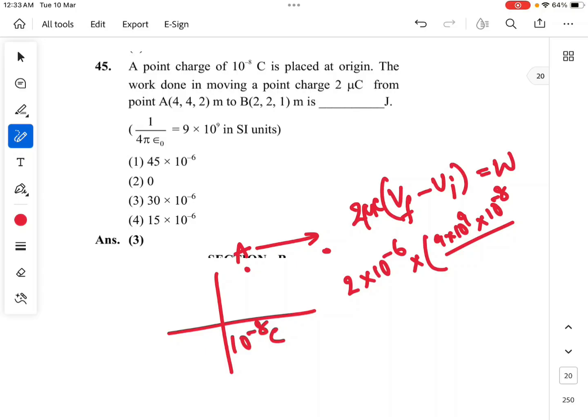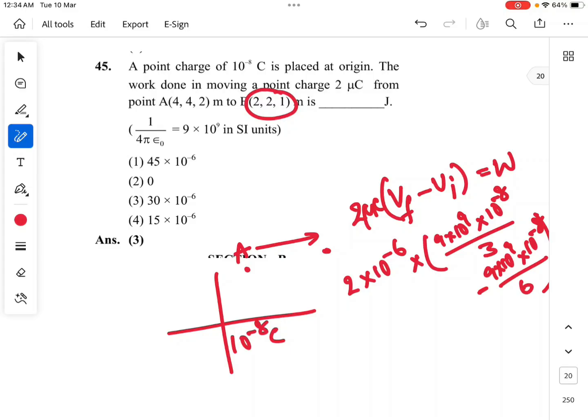Under root is 6. Actually, this is the initial potential. Final is this: 2 square plus 2 square plus 1 square. 4 plus 4 plus 1, 9. Under root is 3. So 9 into 10 power 9 into 10 power minus 8 divided by 3, minus the same divided by 6.